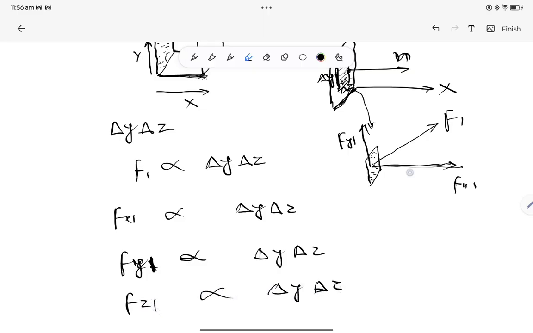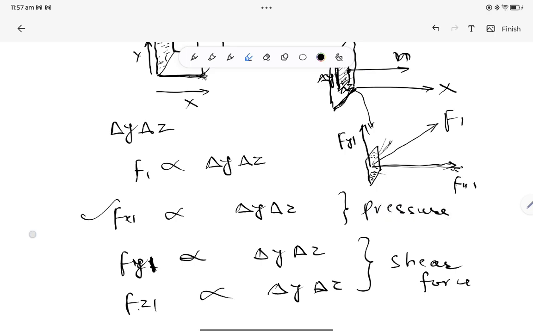All three act on this area, but there is a difference. Fx1 acts perpendicular to the area, and we call it pressure. These two, Fy1 and Fz1, act parallel to the area. Fz1 will be in this direction, parallel to the z-axis. These two are called shear forces, and this is called the normal or pressure force.